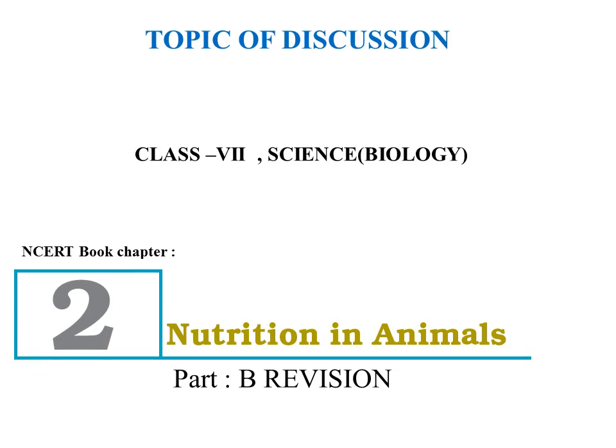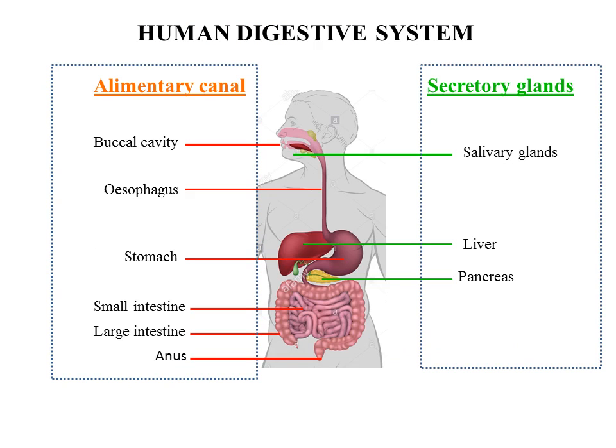Today we are going to revise part B of the Science chapter, NCERT book, Nutrition in Animals. As we have already discussed the basic introduction of this chapter, today we are going to discuss the most important topic, that is digestion in humans. The digestive tract and the associated glands together constitute the digestive system in humans.